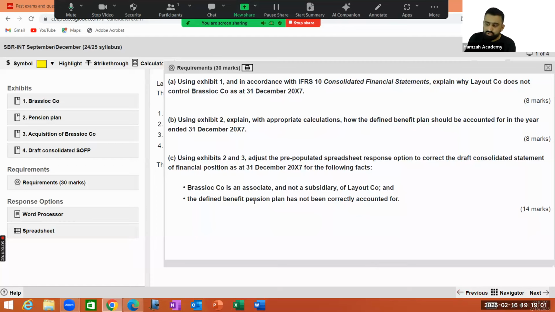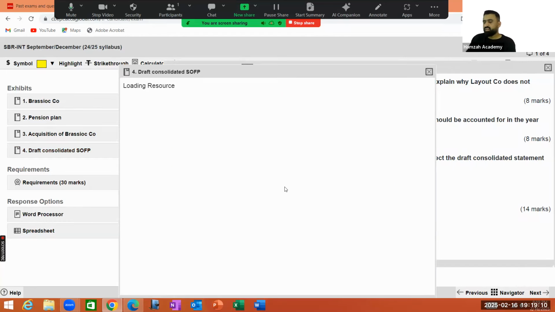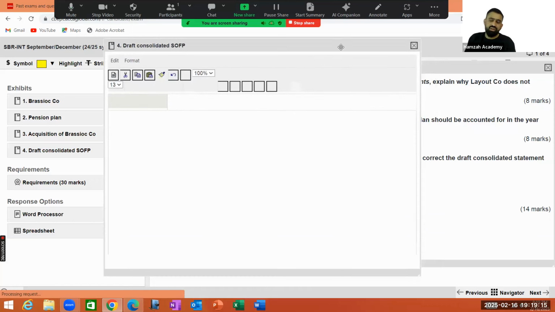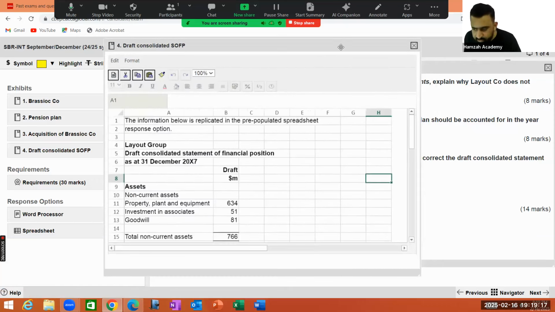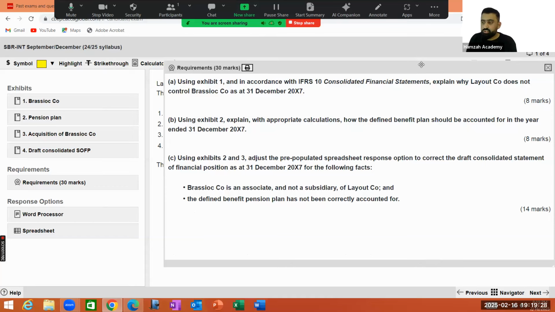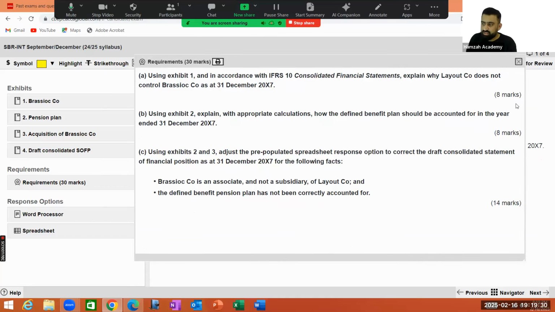B company is an associate, not a subsidiary of Layout, and the defined benefit pension plan has not been correctly accounted for. So this is the draft statement of financial position, in which they have recorded the defined benefit plan wrongly. They have consolidated the B company as a subsidiary, which is not their subsidiary. It should be accounted for using the equity method in IAS 28.